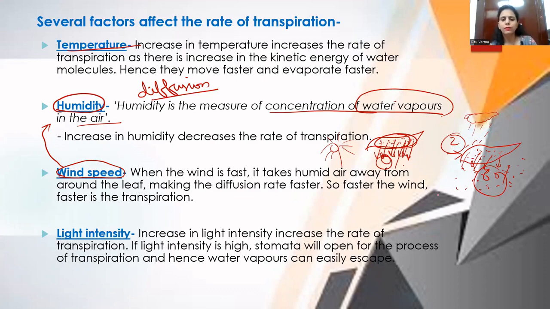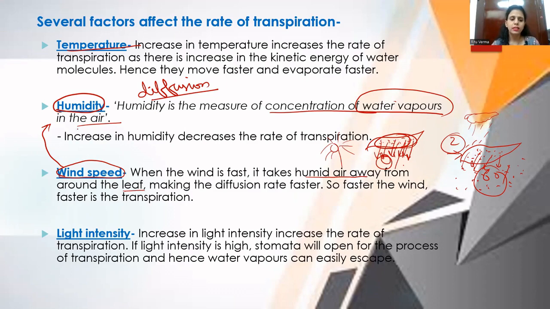This wind will take the humid air away from the leaf, and hence diffusion of water vapor will be faster. So if wind speed is more, the rate of transpiration will increase, because this high speed wind will move away the humid air from the stomata of the plant.